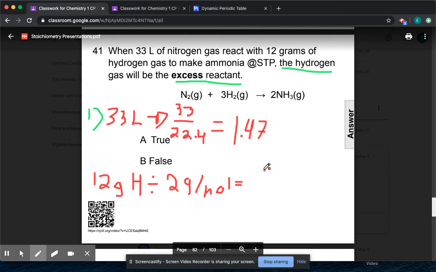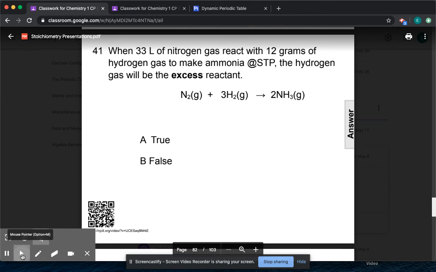And then if you do that, you get 6. Okay? So now we know we have 1.47 moles of nitrogen, and we have 6 moles of hydrogen.